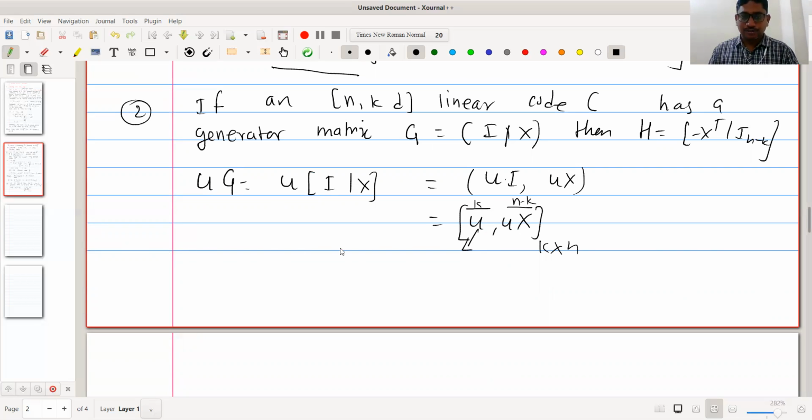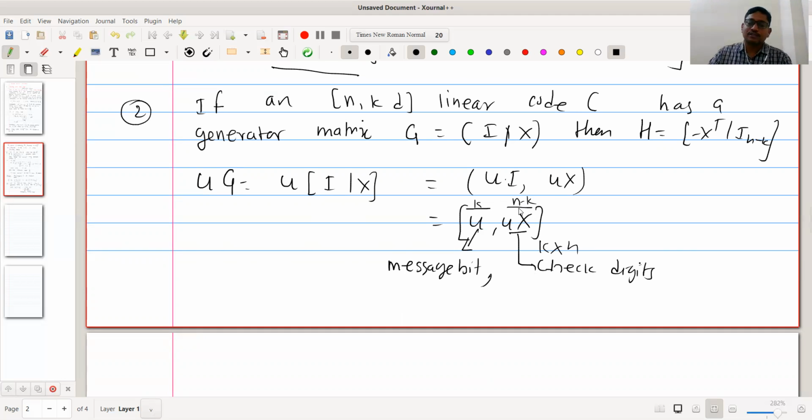They are called message bits, and the remaining n minus k digits are called check digits. One can call it parity check also. This remaining n minus k digits are called check digits. So message bits plus check digits is always n. The number of message bits plus check digits is always n. So n minus k is related to the parity check matrix.